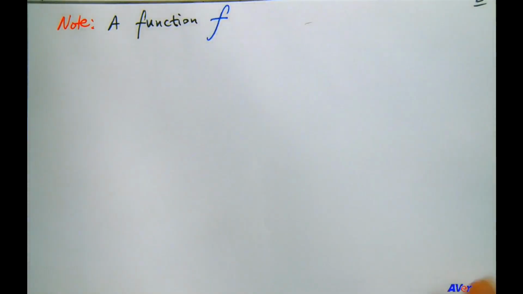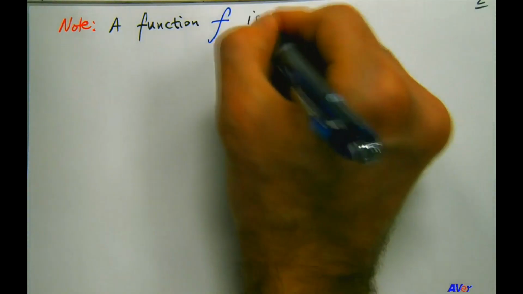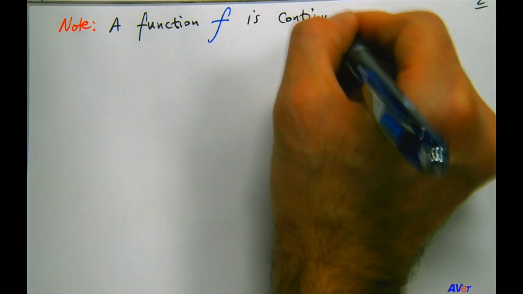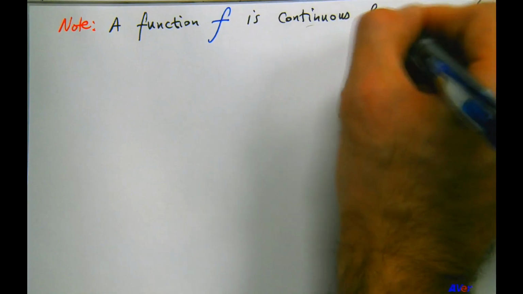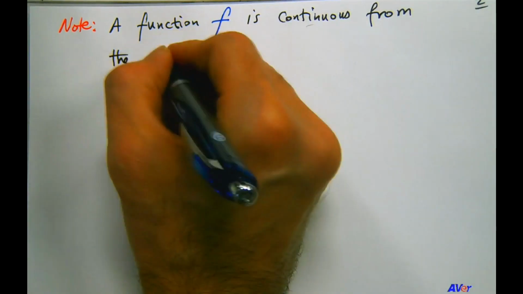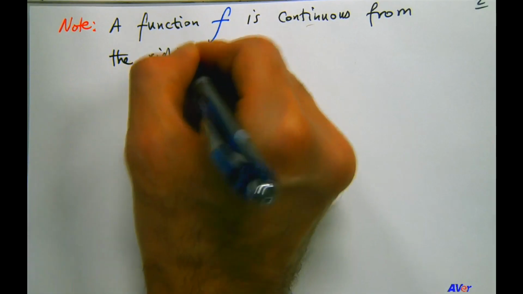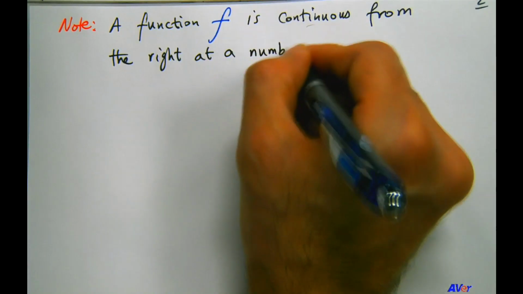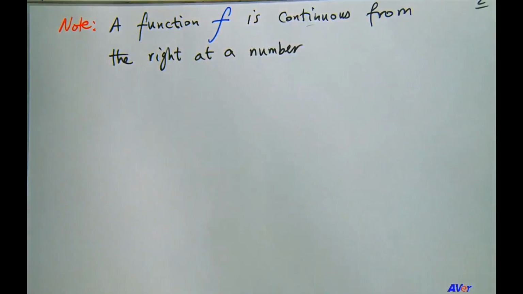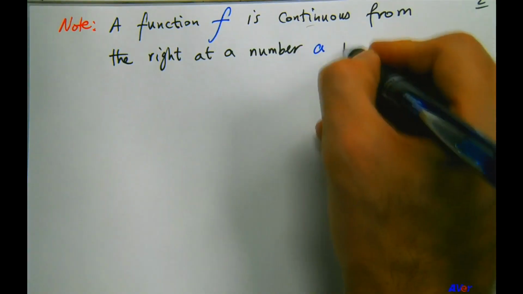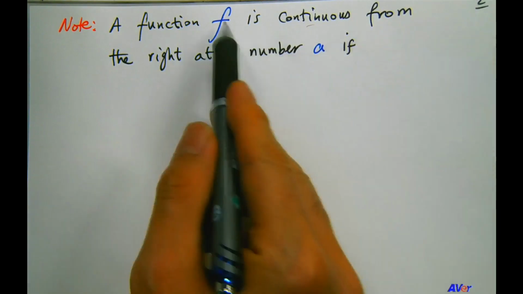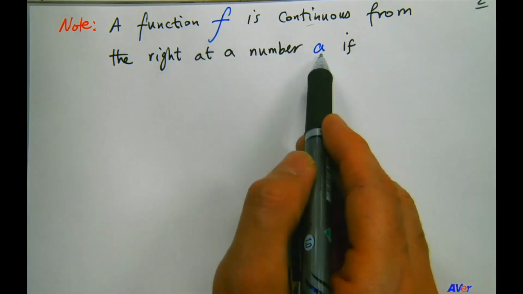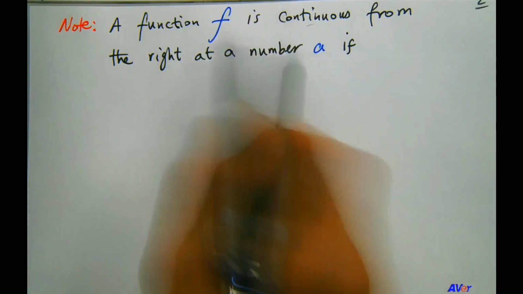So we say that a function f is continuous from the right at a number a if the limit of the function as x approaches a from the right is equal to the value of the function at a.